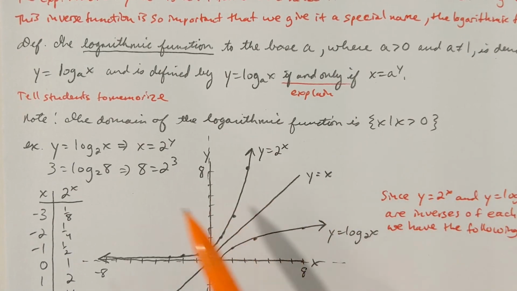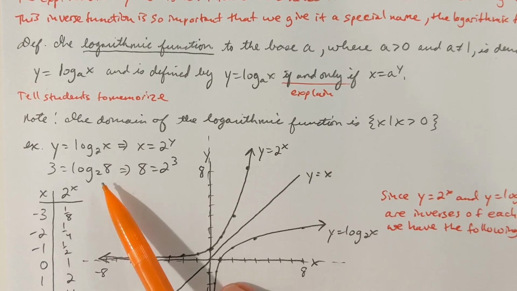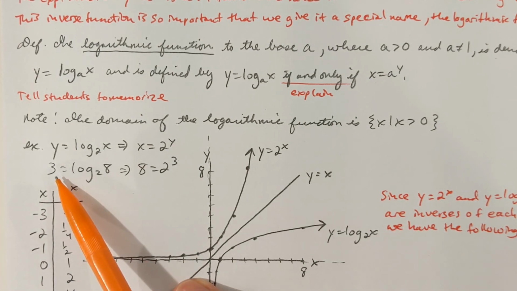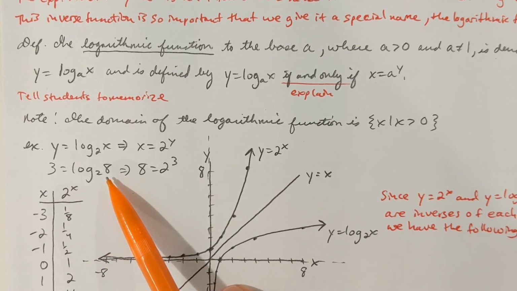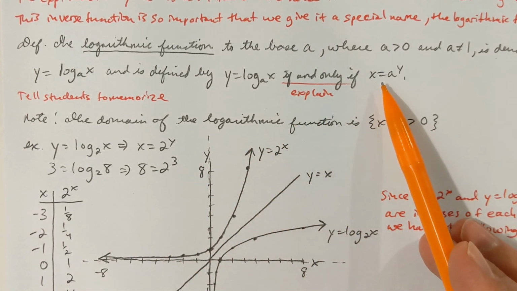So, for example, suppose that I were to let the base be 2, and I'm choosing specific numbers here. Suppose that x is 8 and y is 3. Then 3 equals log base 2 of 8 can be written in exponential form.